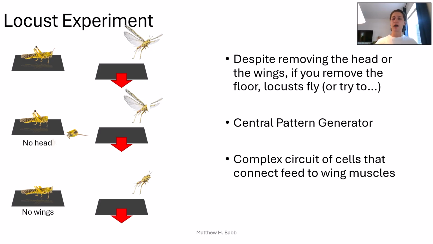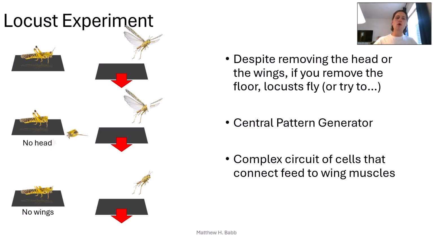Let's go ahead and remove another body part. This time, instead of removing the head, they removed the wings. Then they once again removed the surface from underneath the locust, and what do you know? The locust still jumped up and tried to flap its wings, but obviously its wings were not there, so it just fell to the ground. This is where they wondered what it is.